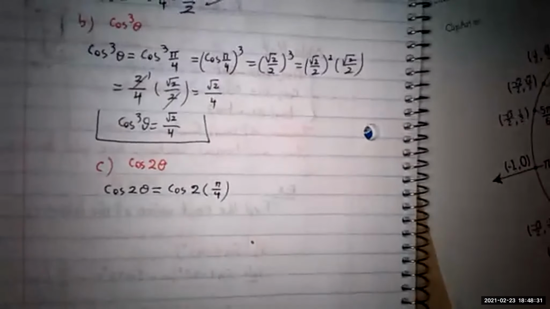Pi/6 is 30 degrees. Cosine of pi/6 is the first one, radical 3/2. So the cosine of 2/3 theta is going to be radical 3/2.